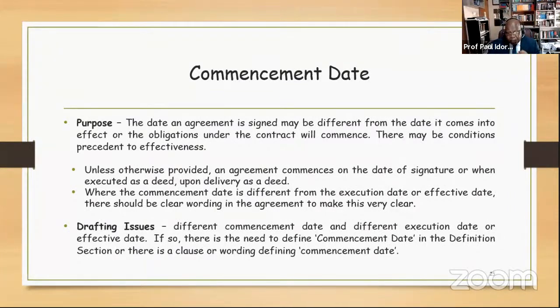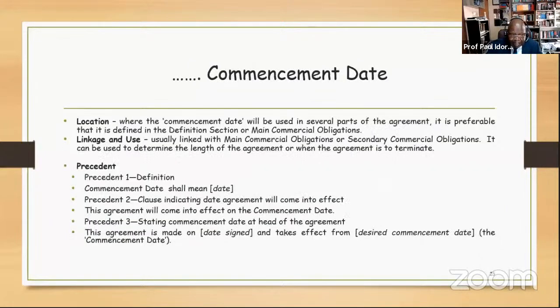So if they are not fulfilled or waived, that contract cannot be effective, even if that contract has been signed. So the drafting issue, like I said here, is the difference between commencement, execution, and effective date. You have to be very careful in drafting a contract and define the words very carefully.